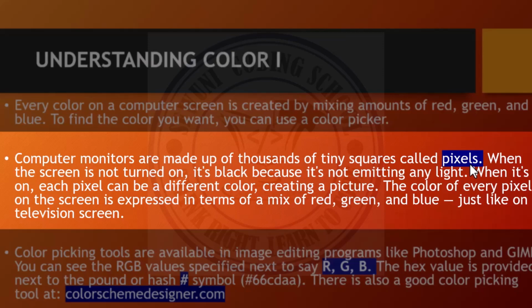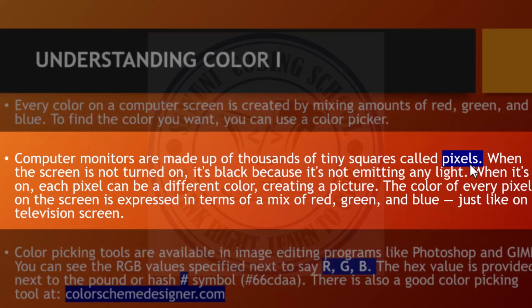So the more you zoom in, the more you see them. You have some phones that can take pictures that are 12 megapixel, 24 megapixel, 64 megapixel. So it depends on the amount of pixels. Monitors are able to render pictures or any form of graphic into pixels.